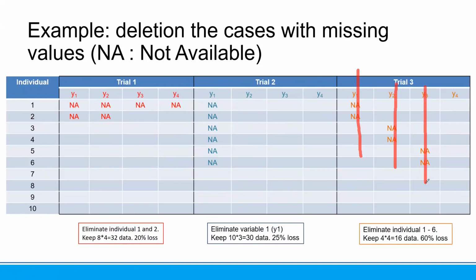Then you will have only one attribute, and if you have only one attribute, it's almost meaningless. What can you do with the analysis? And also, you have only 10 data. So when you want to remove the missing values, we need to consider the minimum loss. You need to find the best way so we can keep a lot of data for our analysis.